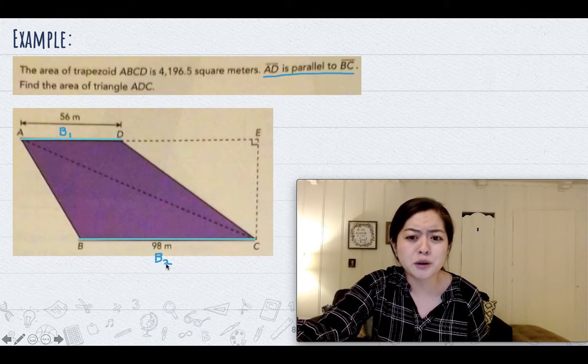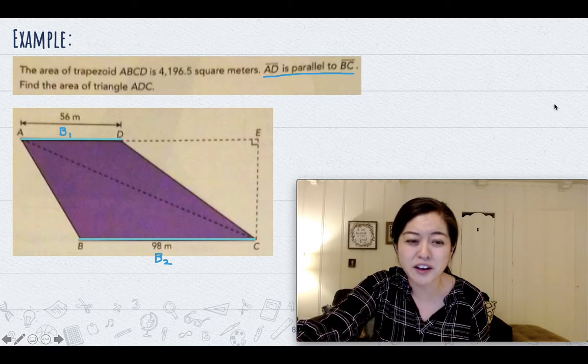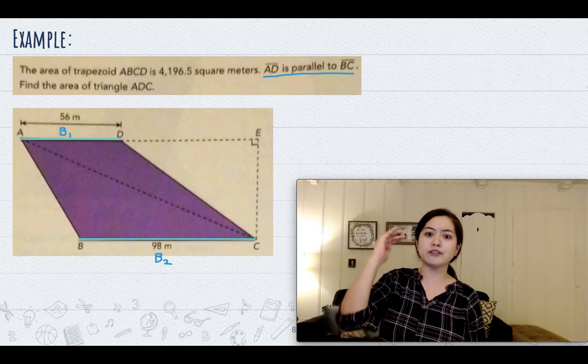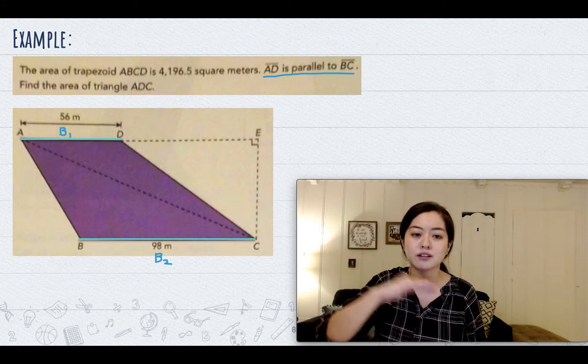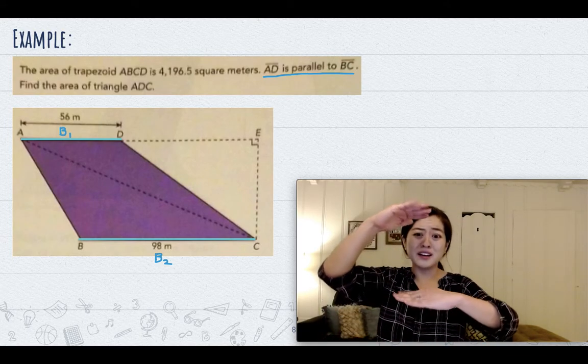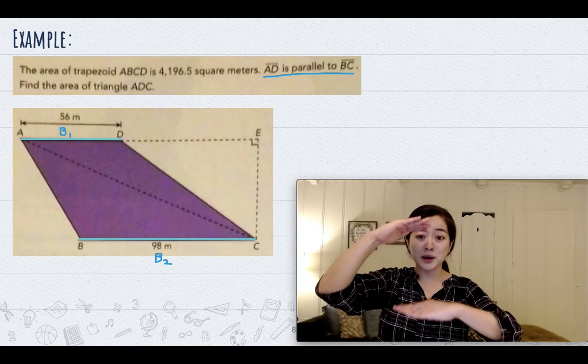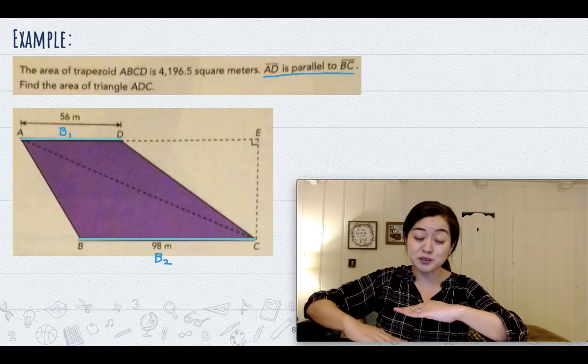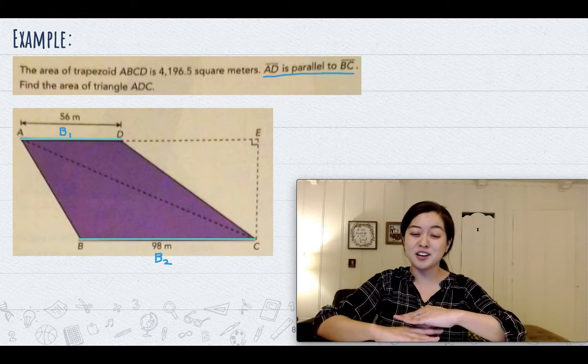It doesn't matter if this is B2 and this is B1, but I'm just labeling it like that. It's just customary for me to always label the top one B1 and the bottom one B2. And I like to keep my parallel bases of my trapezoid parallel to the ground, okay?